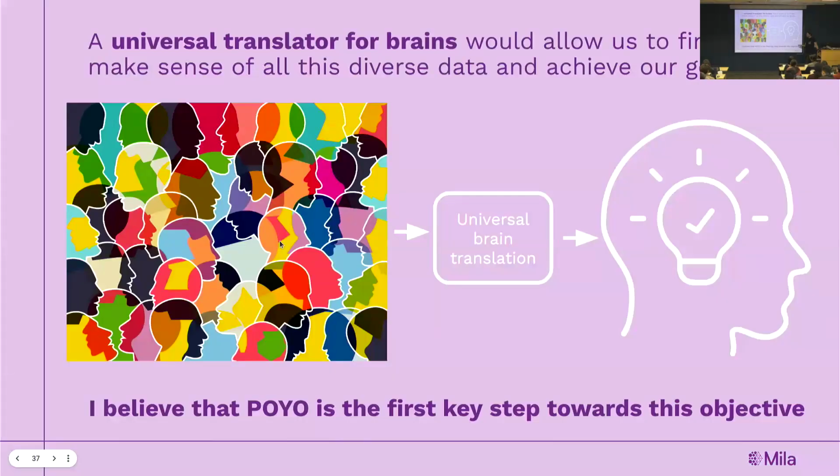I think that if we had a universal translator for brains, this would allow us to finally make sense of all this diverse data. Because what it would do is take that neural activity data and put it into a universal latent space that we could then use for decoding, diagnosis, treatment prediction, control of neural activity, et cetera.